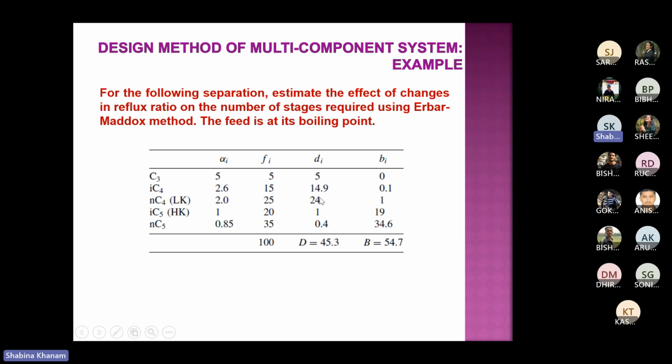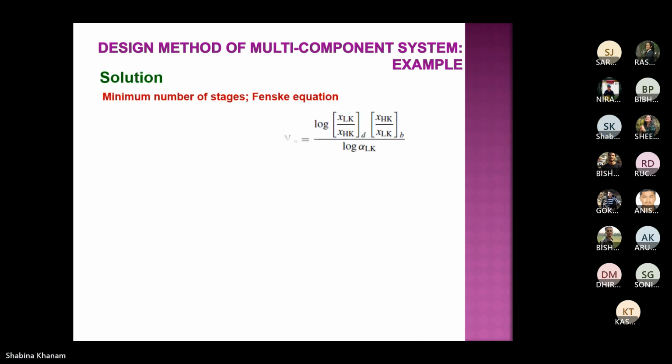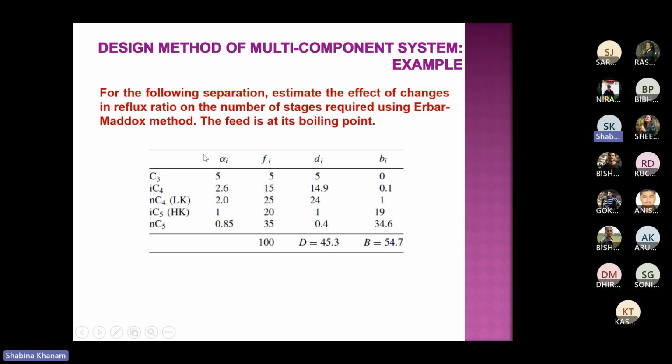This is for feed, so this is 24 by 1. Okay, in distillate 24 by 1, you can see over here 19.19 by 1, divided by log 2, that is relative volatility of light key with respect to heavy key, as you can see over here. Okay, wherever this heavy key 1 is given, you should understand that is relative volatility, otherwise it is not.